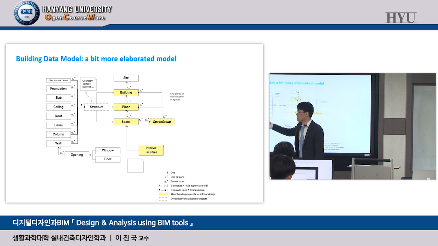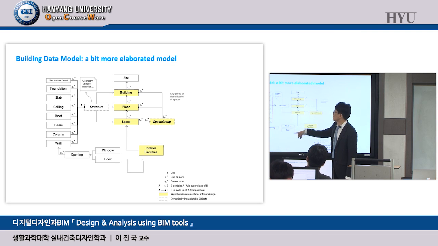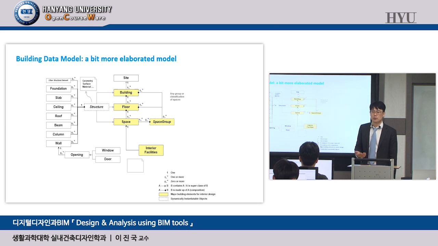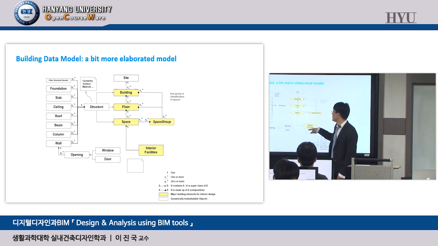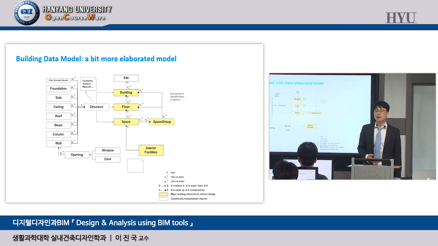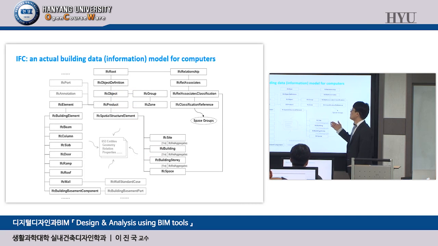So this is not the structure of how you understand the building. This is the structure for computers. Structure for Revit, okay? In other words, Revit understands this structure and implemented it in their own mechanism. Exactly same as architects. But actually in its lower level system, this is the representative data structure for IFC.